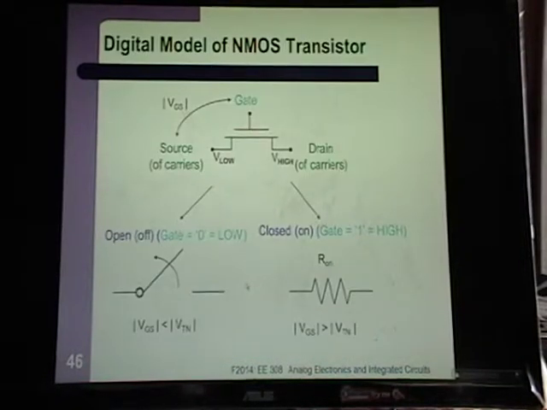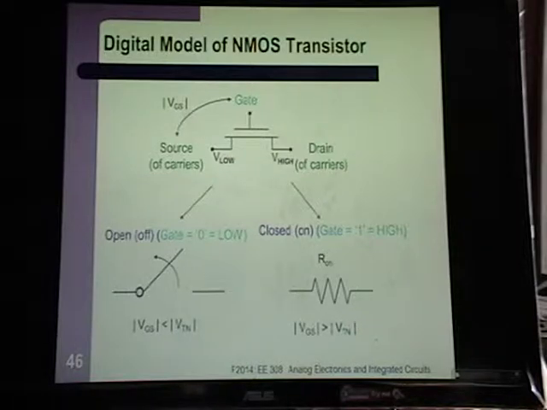Okay. When you get to the digital realm, you're worried about delays. And a delay on a node is directly related to RC time constant. And so now, when a transistor is conducting, you need to know its resistance. And notice that I didn't say resistive behavior, I said it's resistance. So in the digital realm, what you do is you find the voltage across that transistor and the current through it and say, hey, I know what resistor that would be.